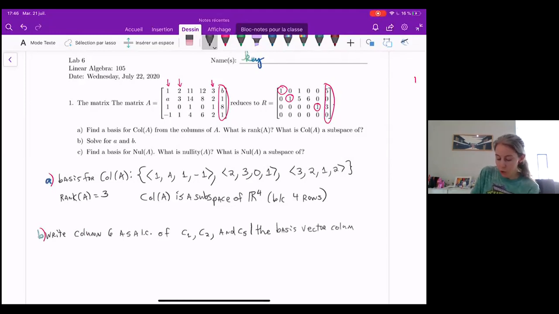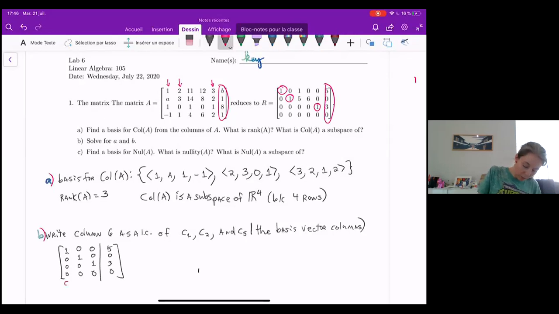And I know that I can do that. I don't have to go to A and row reduce. I can do that by just immediately setting up the row reduced form from R. So when I look at R, that's column 1, that's column 2, and that is column 5. And then I'm going to augment with column 6, the column that I'm looking for.